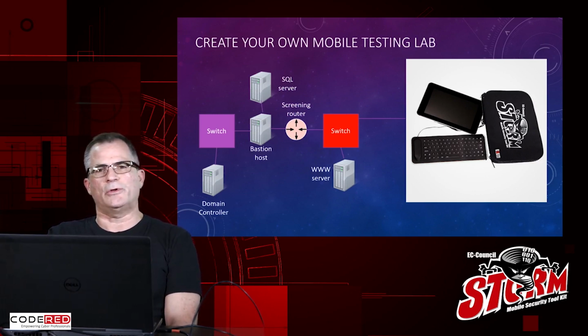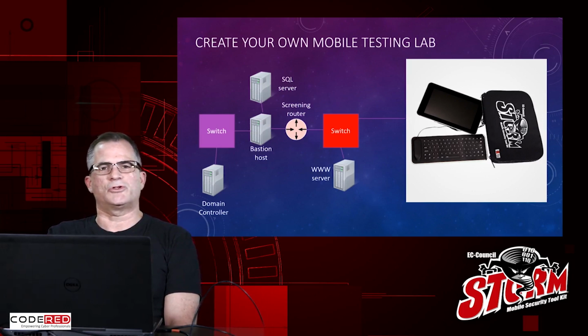So you can use the Storm device as another node on your network, and that's what we're showing here. Once it's a node on your network, it's at layer 3 with an IP address. It can do anything you need, and you can run all your attacking tools from the segment that the Storm device is plugged into.